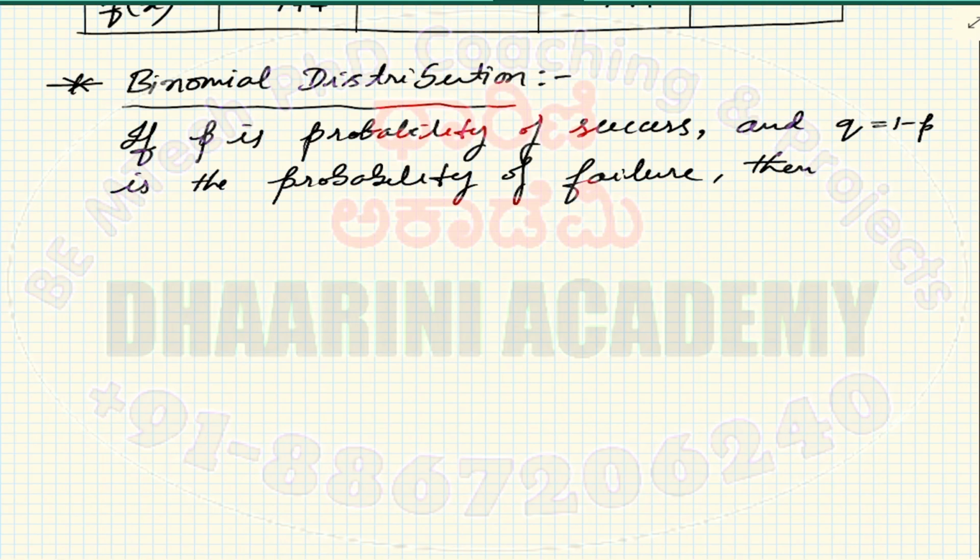When you throw a coin, I know that head is 50%, tail is 50%, so P is 0.5, Q is also 0.5. But when you throw the coin 100 times, what is the probability that you get 20 heads? So the trials are 100, the success count is 20. This is what I'm trying to find out.